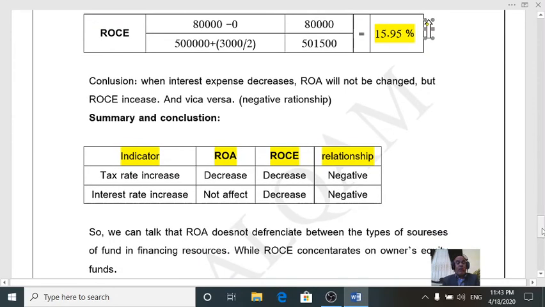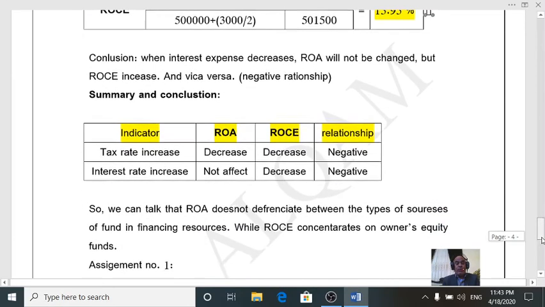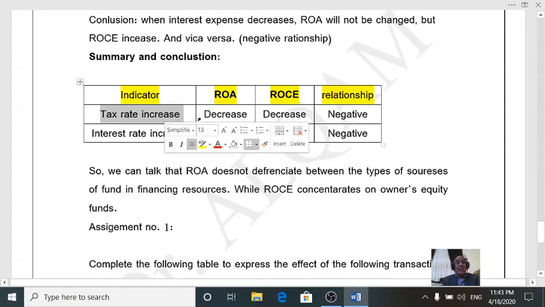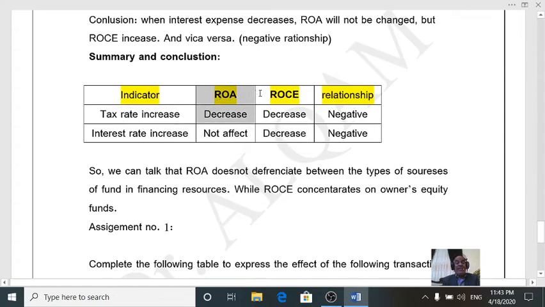Our conclusions we can summarize in the following table. You should understand it well and rehearse it again. If tax rate increases, return on assets and return on common equity will decrease, so the relationship between them is negative.